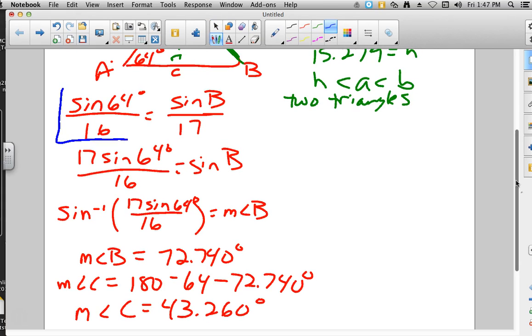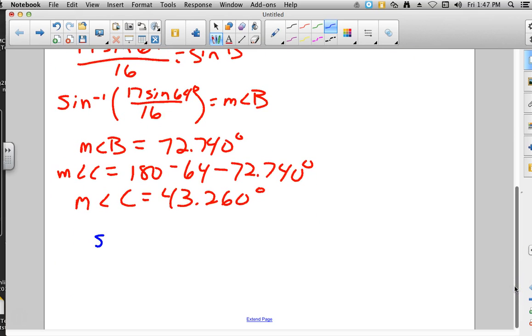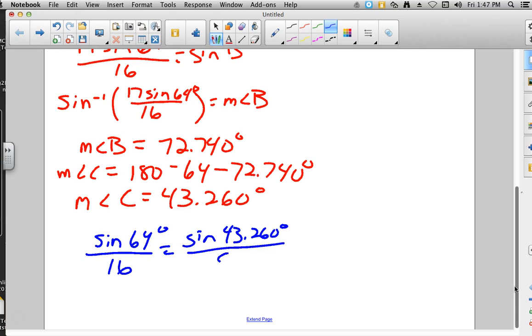Now, we need to find the length of side c, so we'll go back to our first proportion, and we're going to continue to use this because that was flat out given to us. But now, to set up the second part of our proportion, we're going to have to trust that we did some math right and say, all right, I'm going to need the sine of angle C, which I just found to be 43.260 degrees, and I need that over little c.